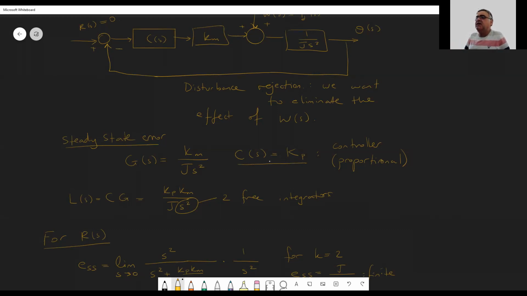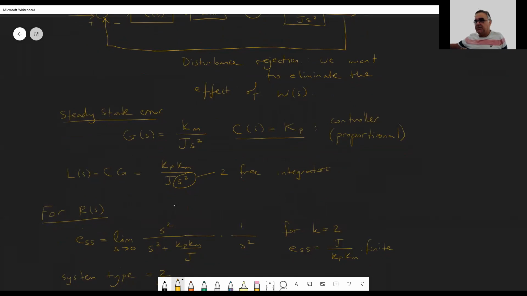We will see how this proportional controller is limited and why we have to introduce more complicated controllers.